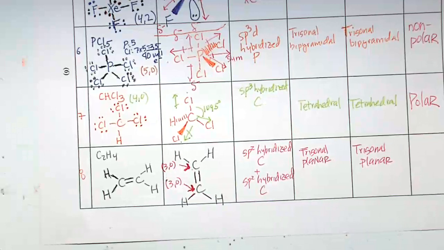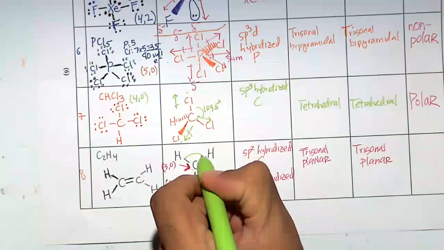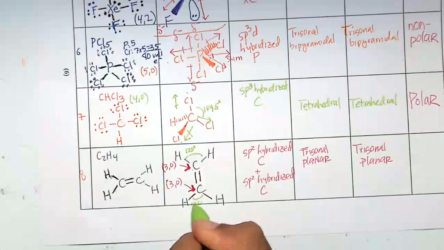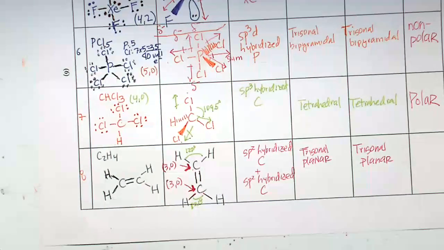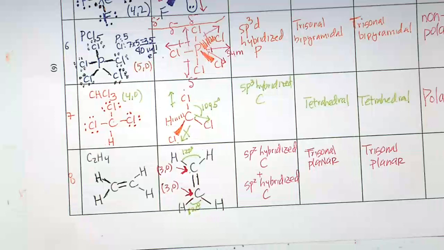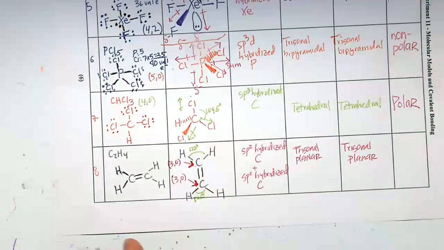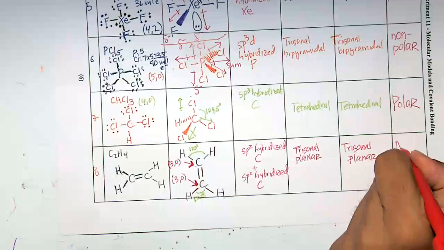Okay, what's the bond angle for this? Do you remember in class? It's going to be 120 degrees. Trigonal planar, 120 degrees. Is this polar or non-polar? There's hydrogens here. Non-polar. Okay.